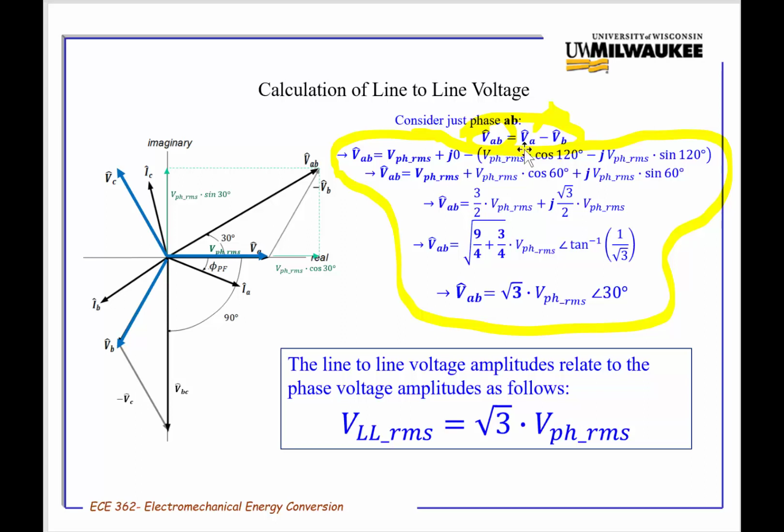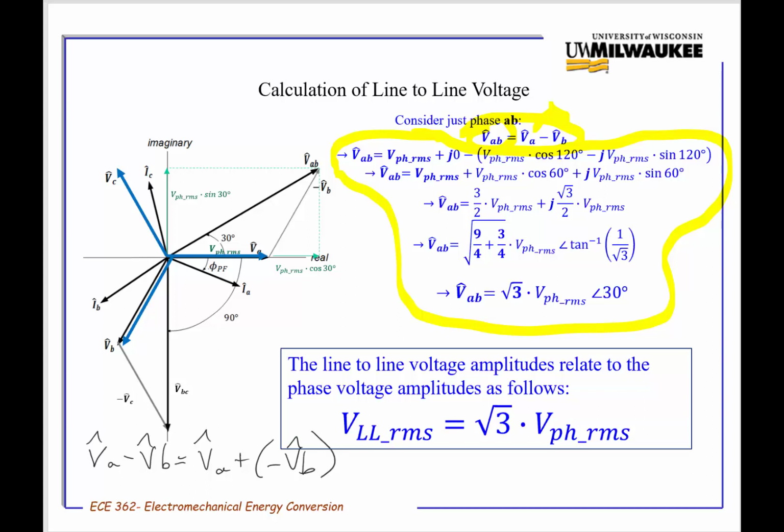So I'm saying take VA, that's this phasor here, and subtract VB. So how do you subtract phasors? So here's VB, positive VB. What you would do is you would say VA minus VB is equal to VA plus negative VB.